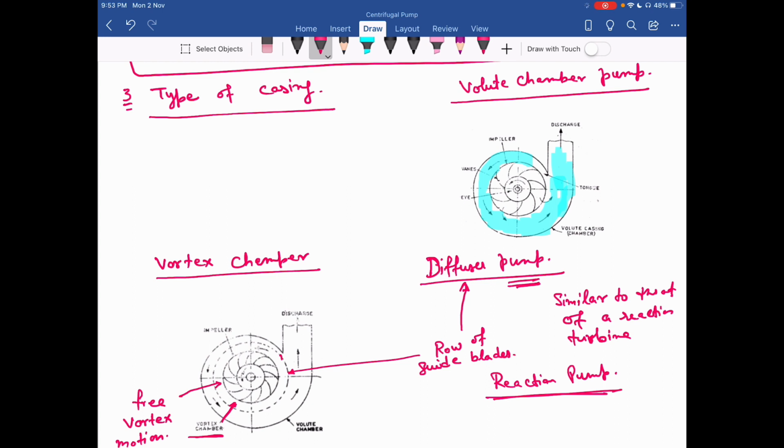Okay, so this is the third type of pump depending upon the casing. So first is the volute or spiral chamber pump, vortex chamber pump, and the diffuser pump.